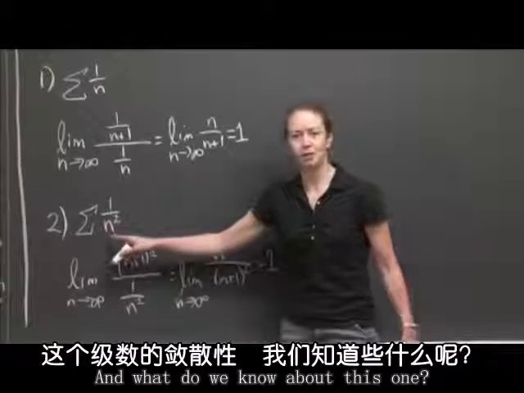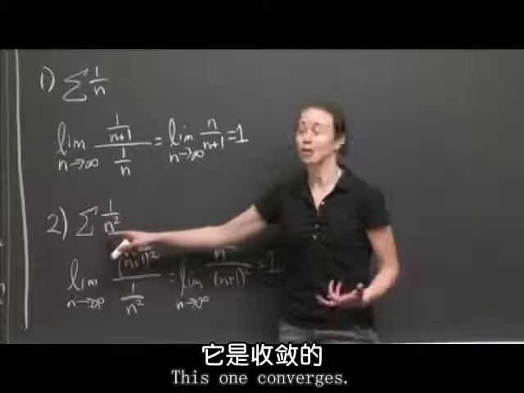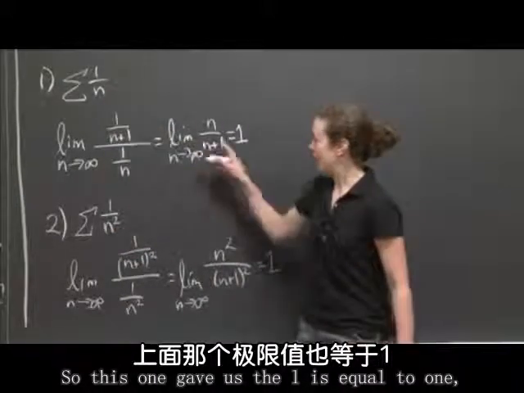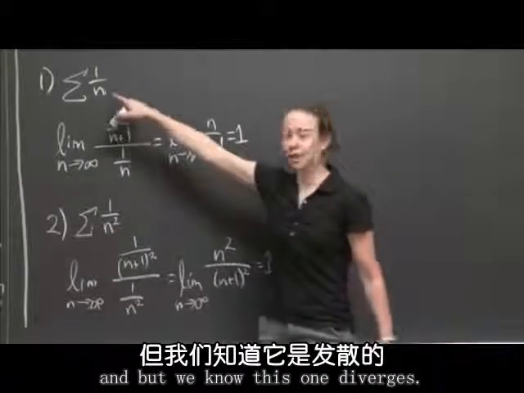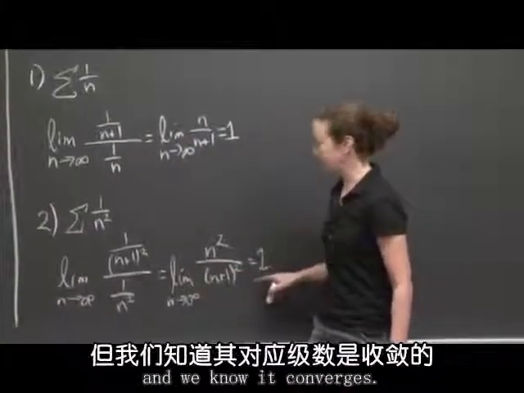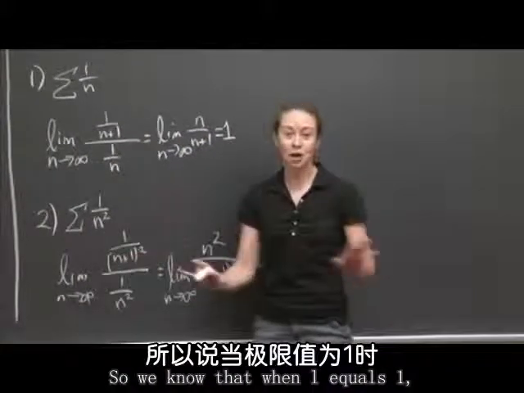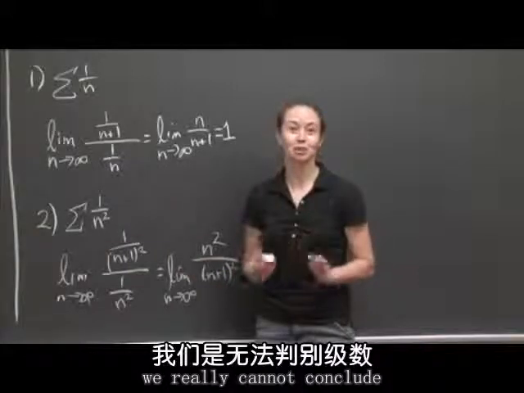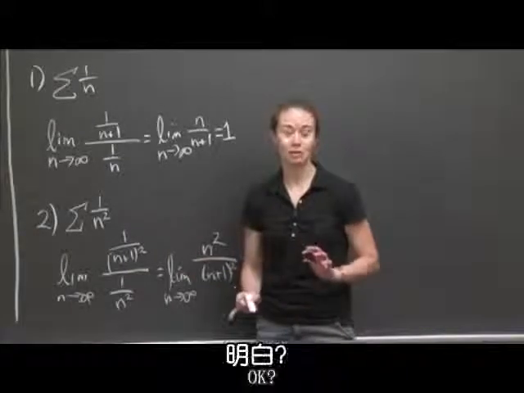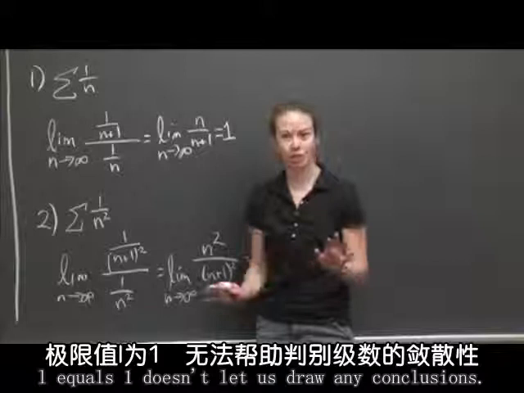And what do we know about this one? This one converges. So this one gave us L equal to 1, and we know the first diverges, and this one gave us L equal to 1, and we know it converges. So when L equals 1, we really cannot conclude convergence or divergence. L equals 1 doesn't let us draw any conclusions.